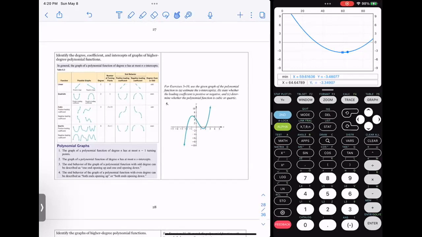How do we define degree again? Is it how many answers you have, or the highest power? So for a quadratic, its degree would be 2. For a cubic, its degree would be 3. For a quartic, 4, and so on.